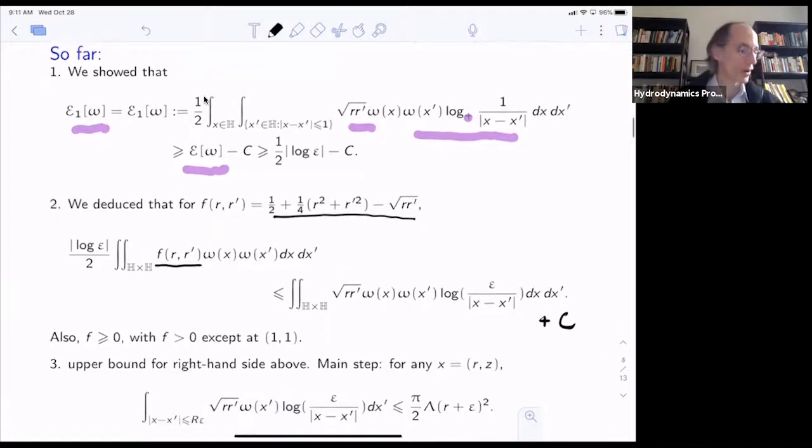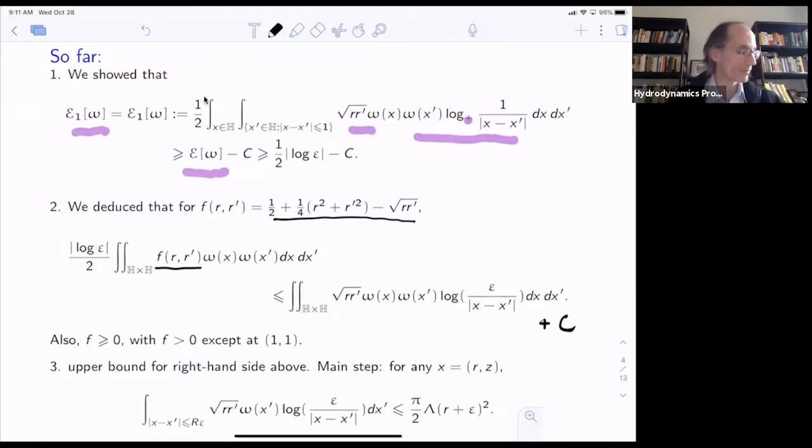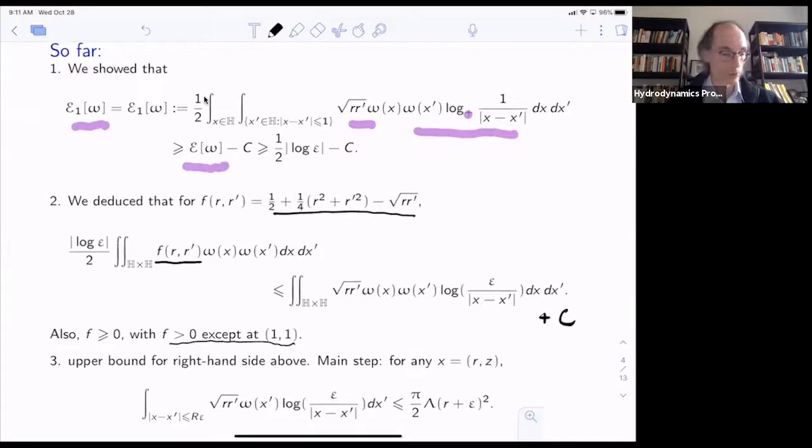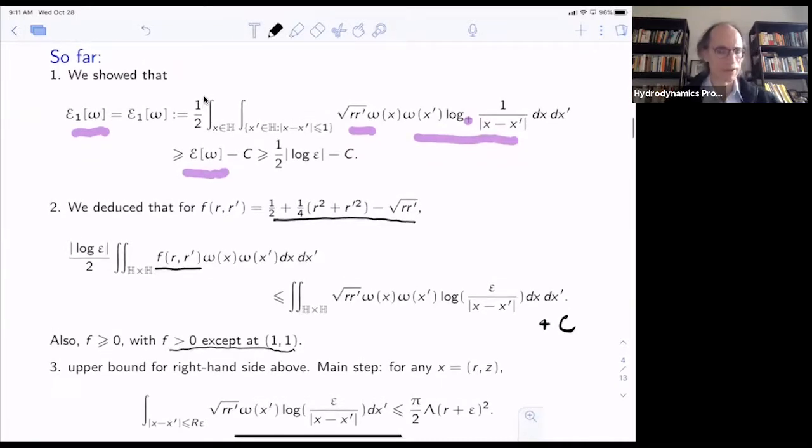So if we can prove upper bounds for this integral of f, then that says that omega is concentrating near the minimum of f, which is where r and r prime are equal to 1. Again, we didn't quite phrase it in this way, but this was half of the main idea.